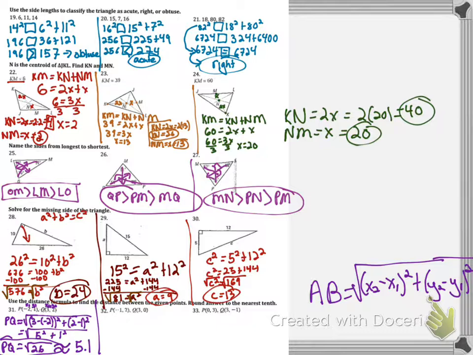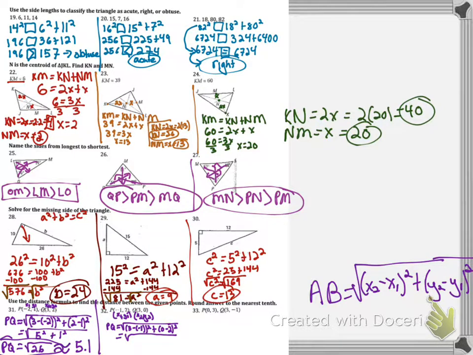Our next one, I'm going to label again x1, y1, x2, y2. Okay, now that I have this, the distance PQ equals the square root of x2, which is 3, minus negative 1 quantity squared, plus 0 minus 2 quantity squared.